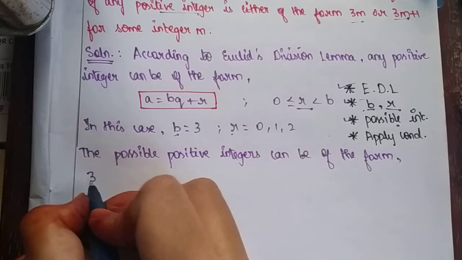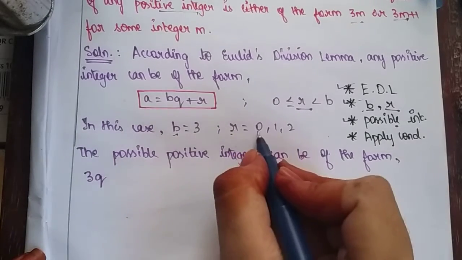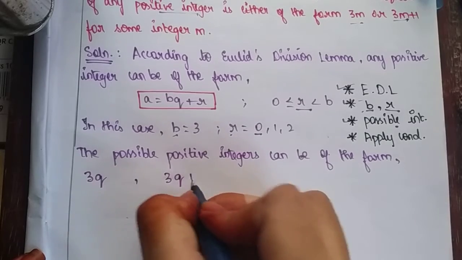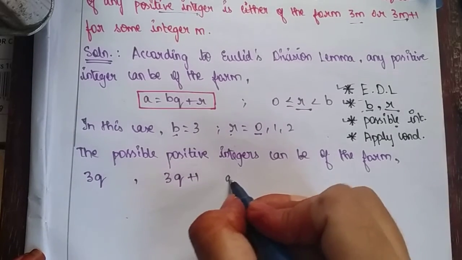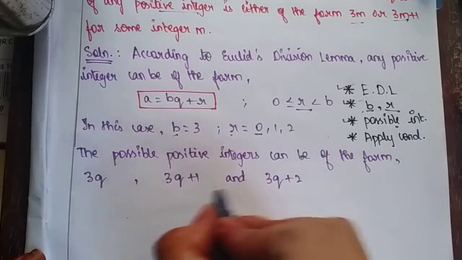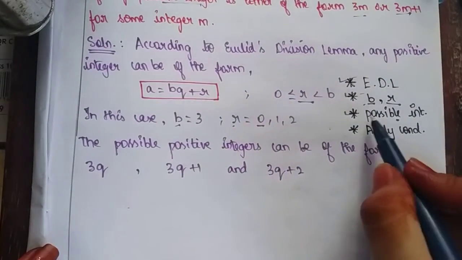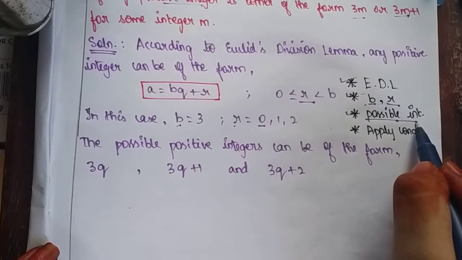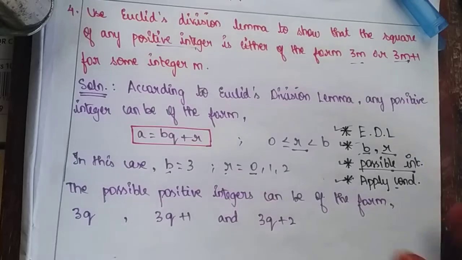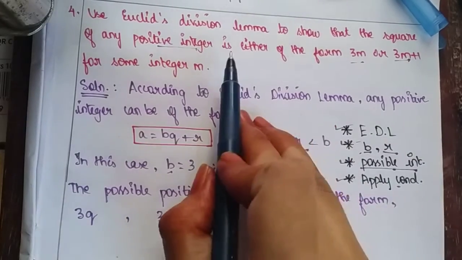So we get 3q for r equal to 0, and 3q plus 1 and 3q plus 2 according to the r values. Once we got the possible integer values, we have to apply the condition. I already told the condition will be given in the question.